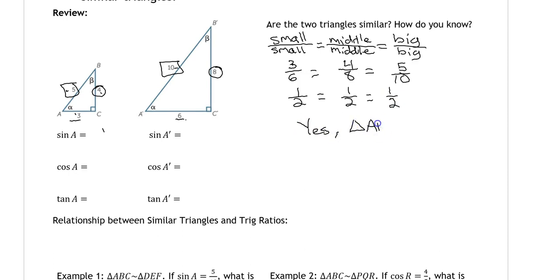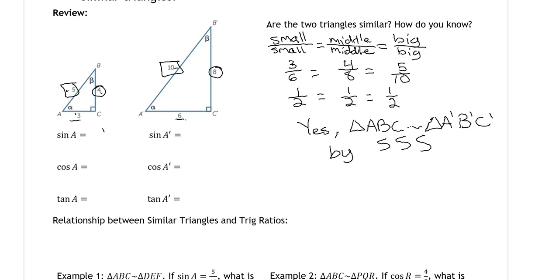Triangle ABC is similar to triangle A prime, B prime, C prime by side, side, side. So then, let's answer our following question.